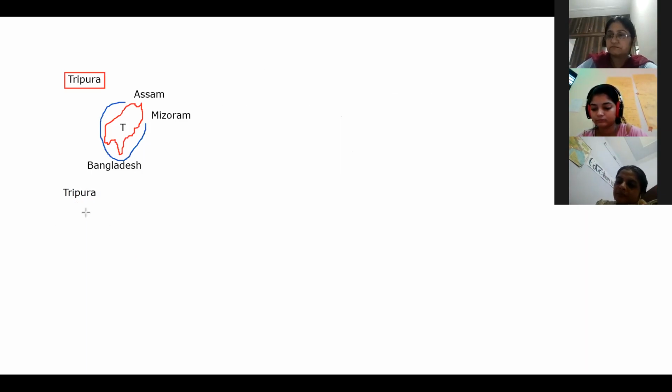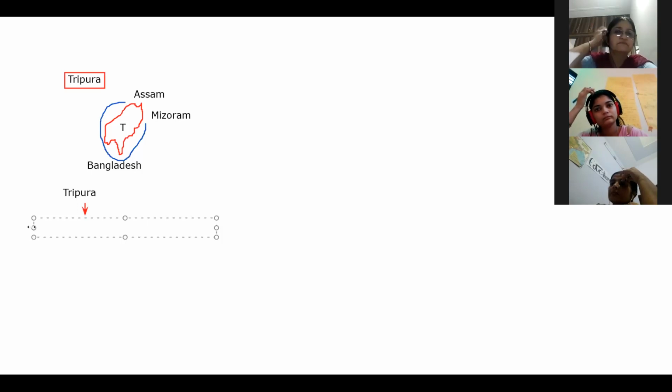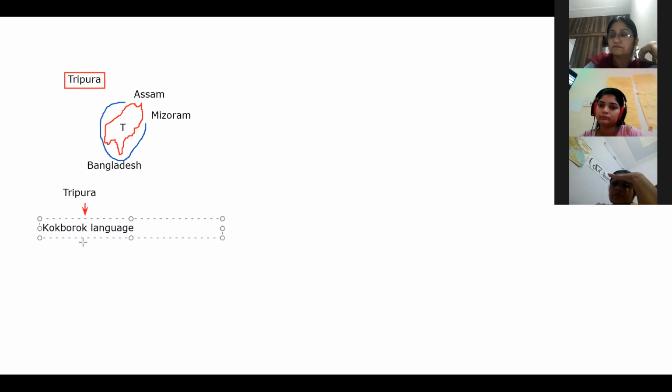It is said that in the language of the original people of Tripura, Kokborok, there are two meaningful words.